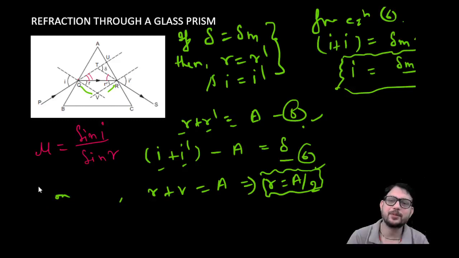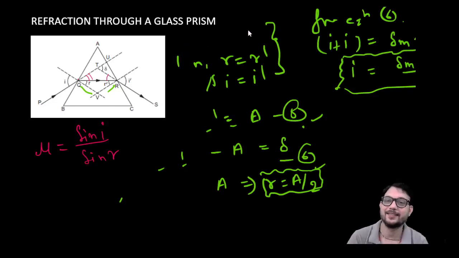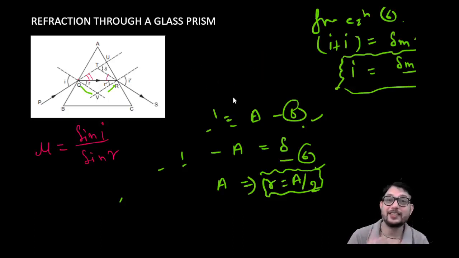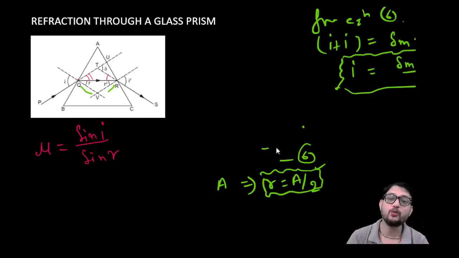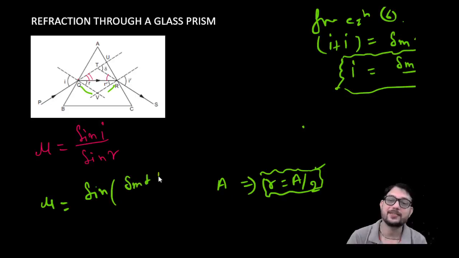So what is the problem? Now put the values of I and R in Snell's law and you will see your desired result. The desired result, Snell's law for the prism, is mu, or eta, whatever you can write, equal to sine of delta m plus A divided by 2, upon sine R. So R is A by 2.